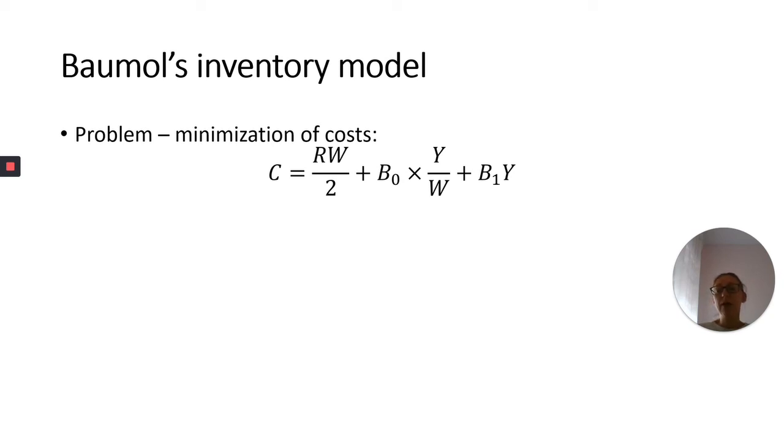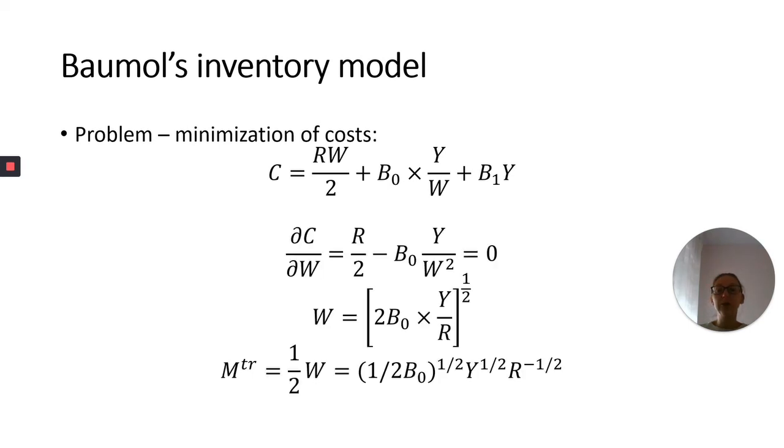Now we have this problem of cost minimization, which means we have a cost function and we need to find its minimum value. For doing that, as usual, we need to find the derivative of costs with respect to the withdrawn amount, make it equal to 0 and solve for W.